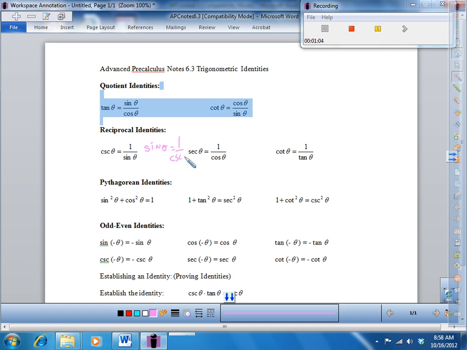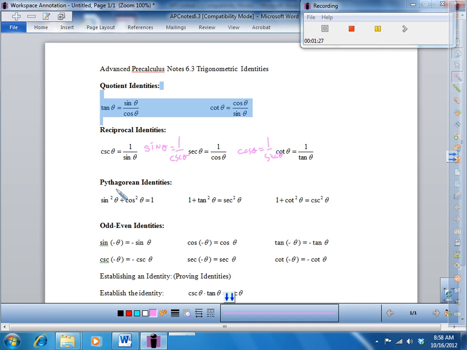Cosecant theta, and so forth. And cosine of theta is equal to 1 over secant theta, and so forth. Okay? And tangent theta is 1 over cotangent theta.